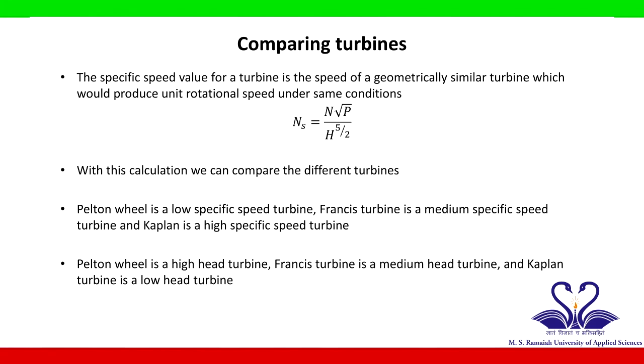With this calculation, we can compare the different turbines. Pelton wheel is a low specific speed turbine. Francis turbine is a medium specific speed turbine. And Kaplan is a high specific speed turbine. Pelton wheel is a high head turbine. Francis turbine is a medium head turbine. And Kaplan turbine is a low head turbine.